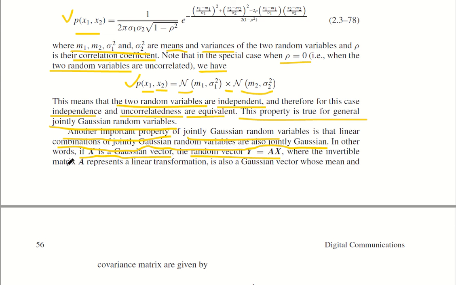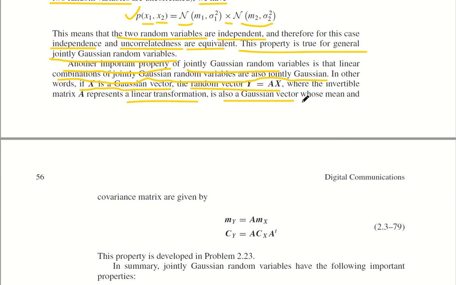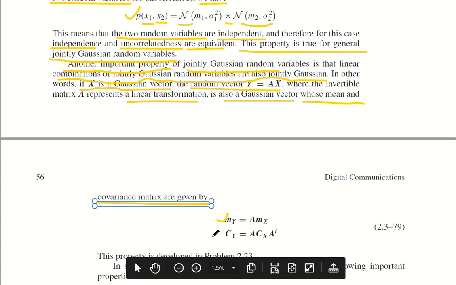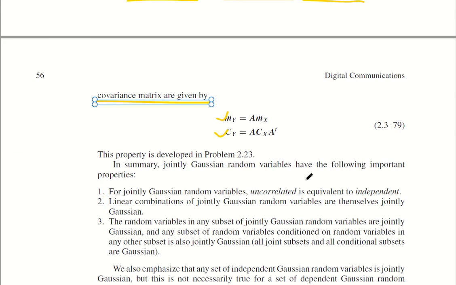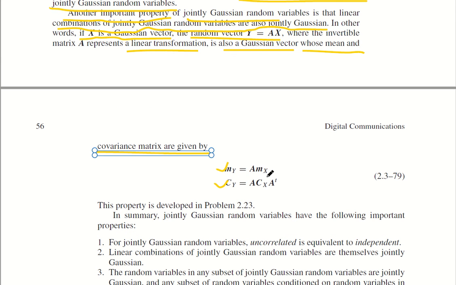Its mean and covariance matrices are given by this and this. So you have the mean multiplied by A, and you have your covariance multiplied by A and A transpose.